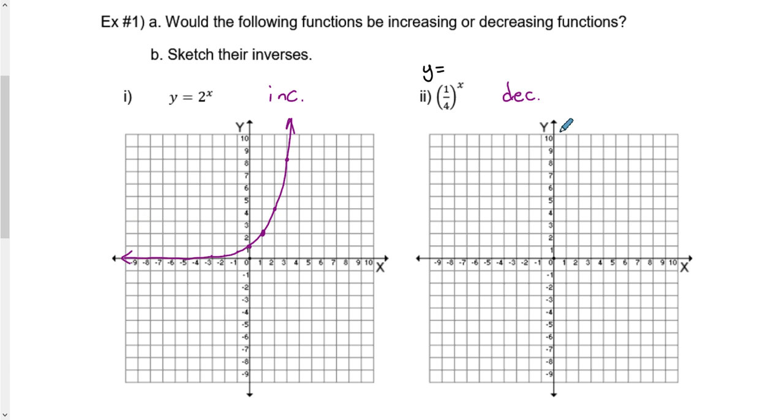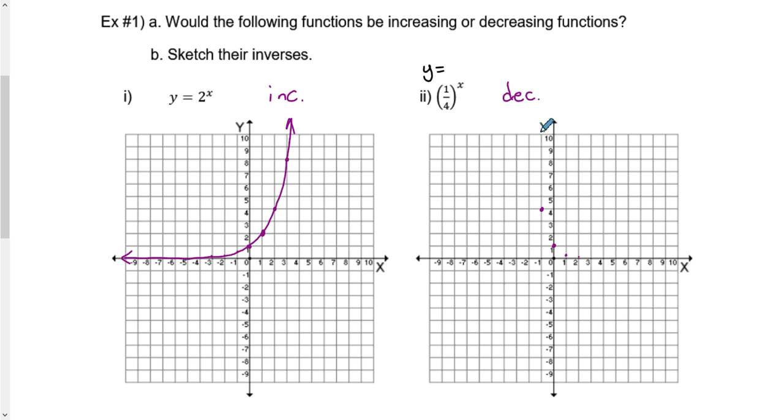Now I'm actually going to sketch this 1/4 as well. So I know that power of 0 is 1. Let's see. 1/4 power of 1 would be a quarter, and then a 16th, and so on. But 1/4 to the power of -1 would be 4. 1/4 power of -2 would be 16, which is way off our grid.